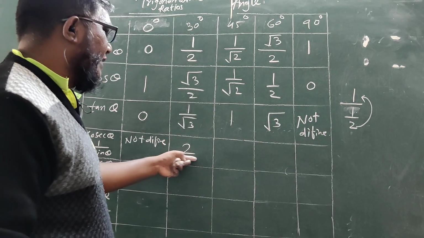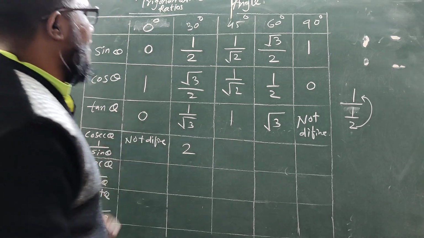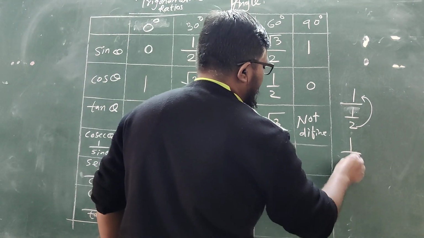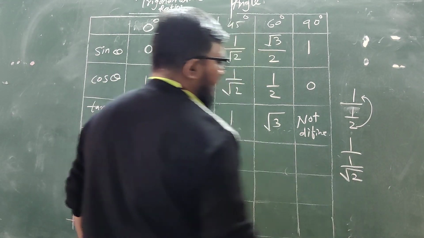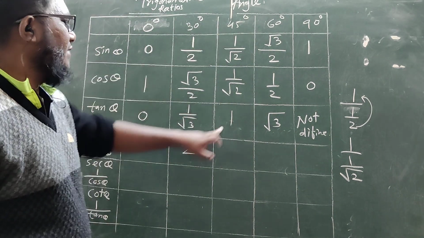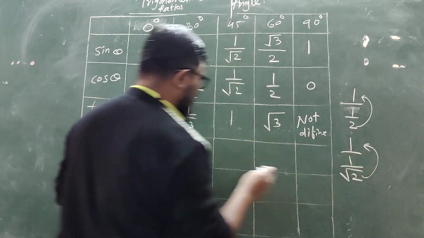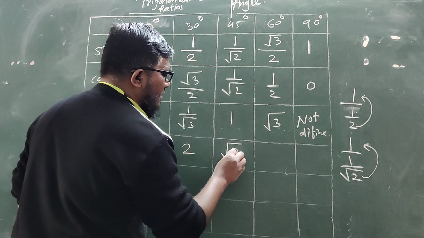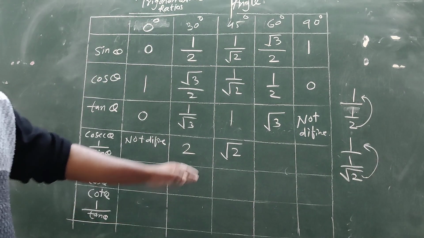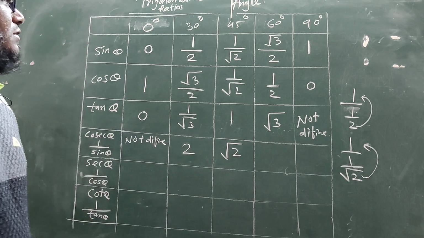Division by 1 we cannot write. Now 1 upon under root 2, like this situation for finding 45 degree cosec theta. Now this under root 2 will multiply here. Now we can write under root 2 only. Division by 1 we are not going to write.